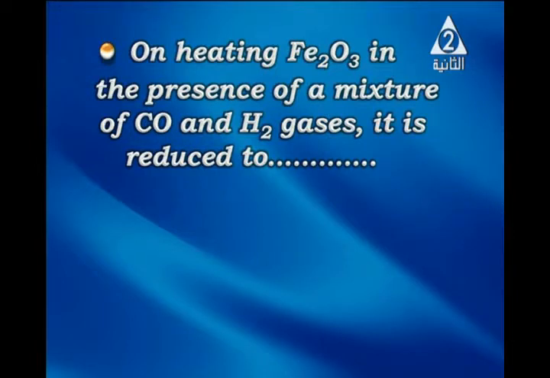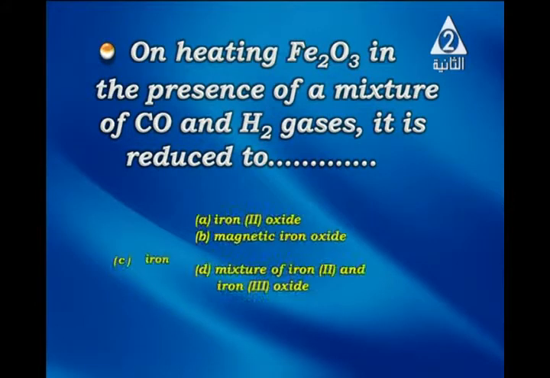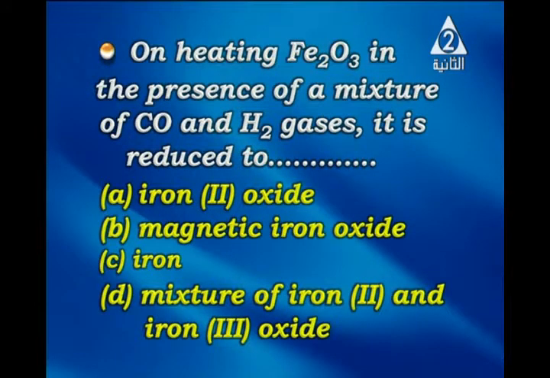The next point, on heating iron 3 oxide in the presence of a mixture of carbon monoxide and hydrogen gas, it is reduced to what? Iron 2 oxide, or magnetic iron oxide, or iron, or mixture of iron 2 and iron 3.